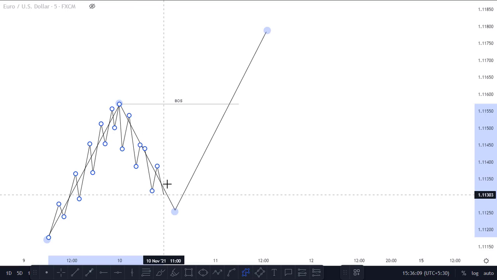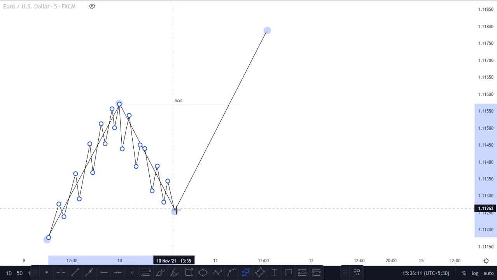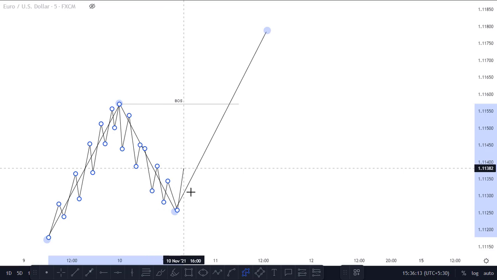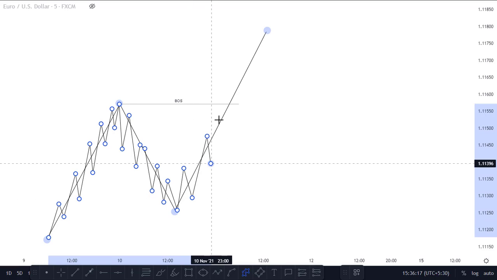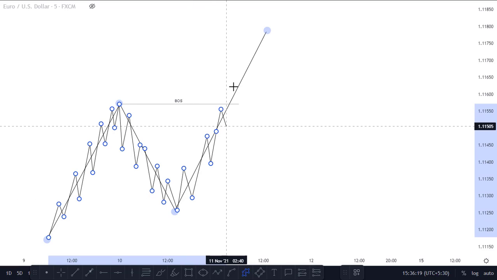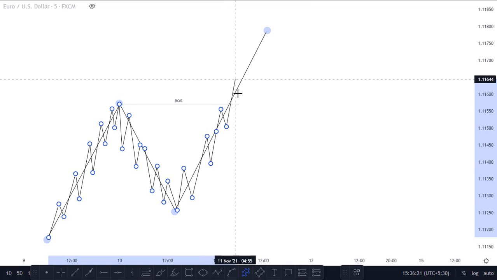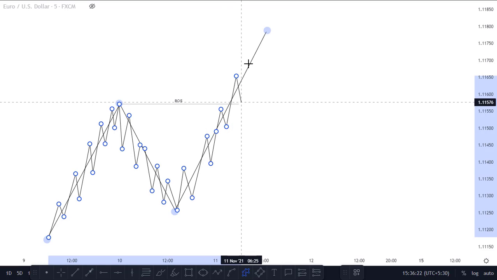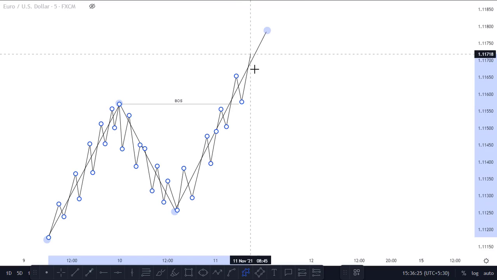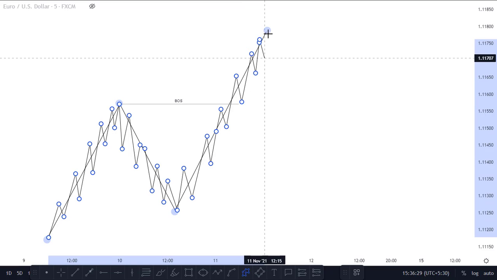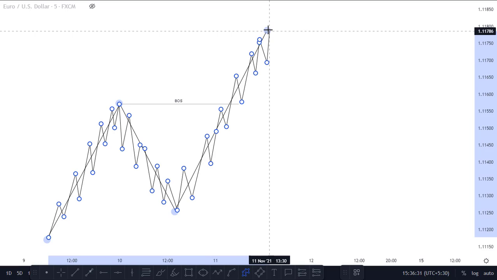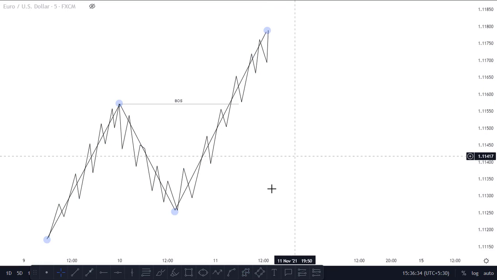You should know that. You may have a price moving like this. So price moving this way.